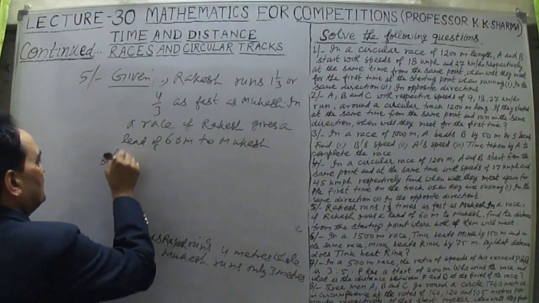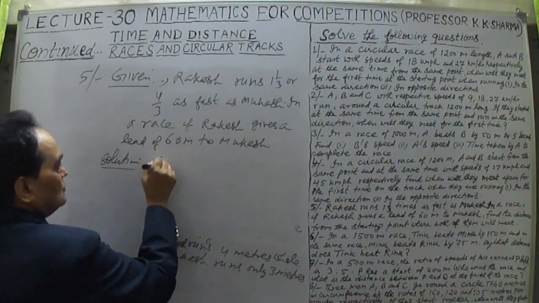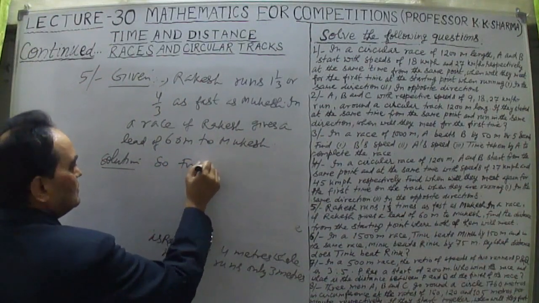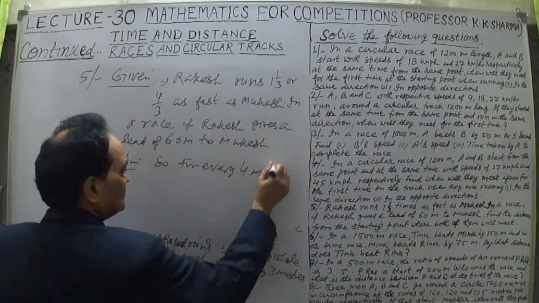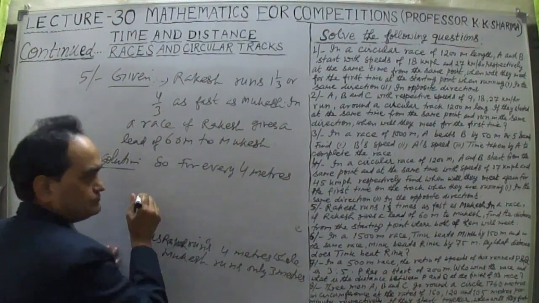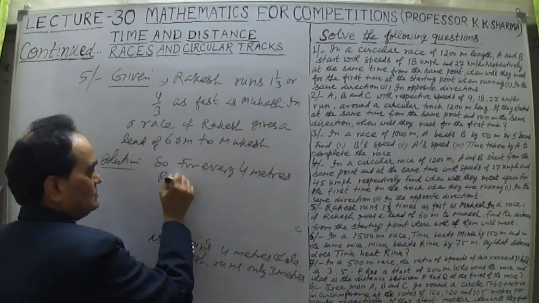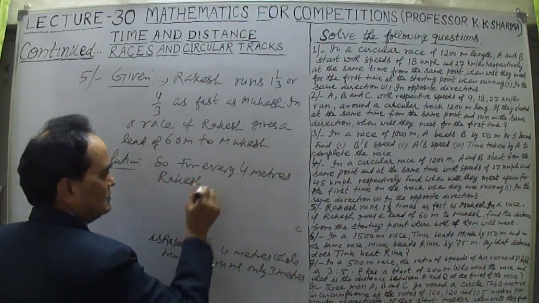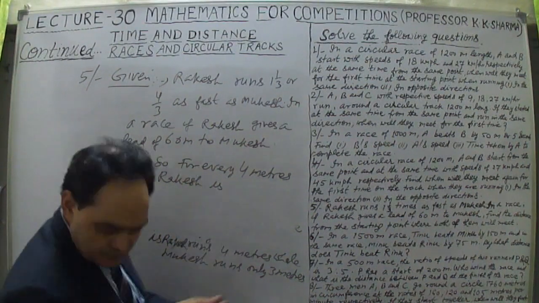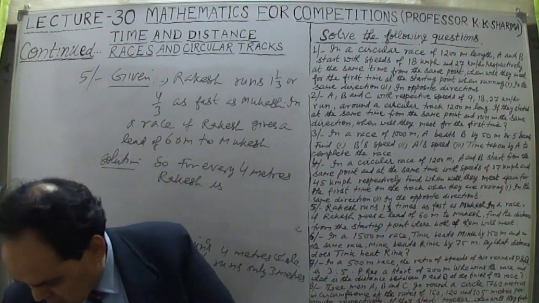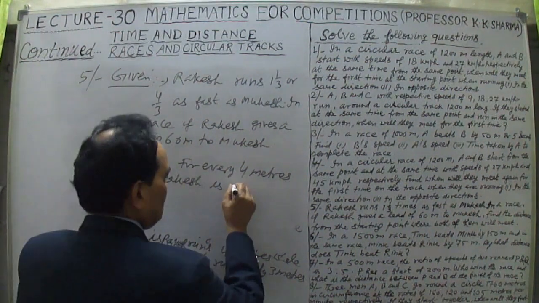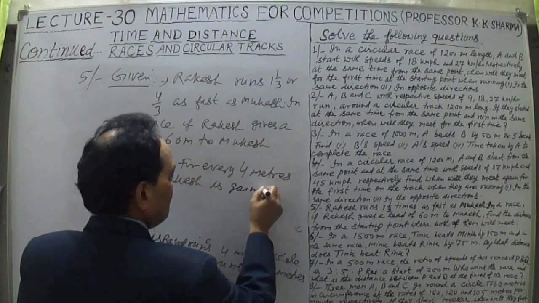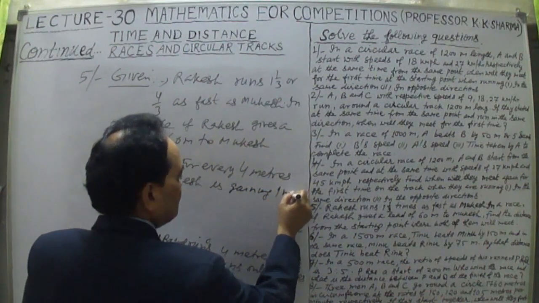Solution, let me find out here. For every 4 meters, Rakesh is gaining 1 meter.